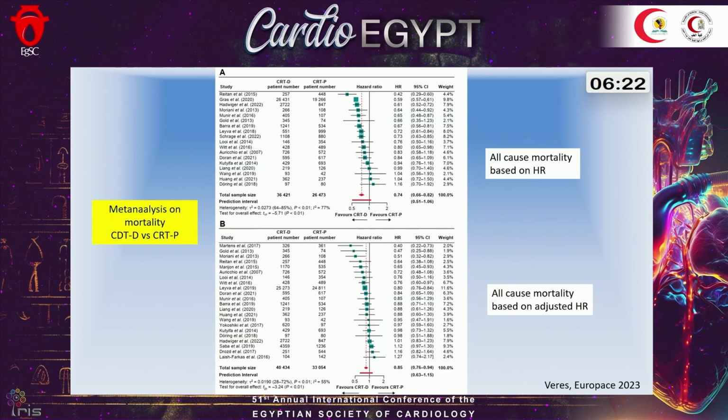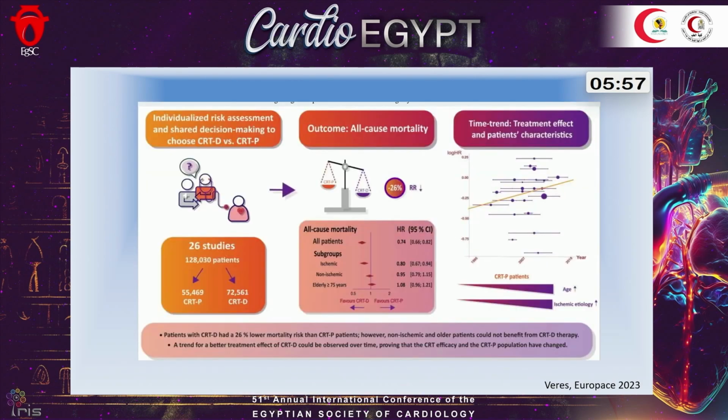There is a meta-analysis that has been published this year by the Semmelweis group on mortality on CRTD versus CRTP, but you see practically in both figures that CRTD may be better or may be the same, depending on the study that was studied.